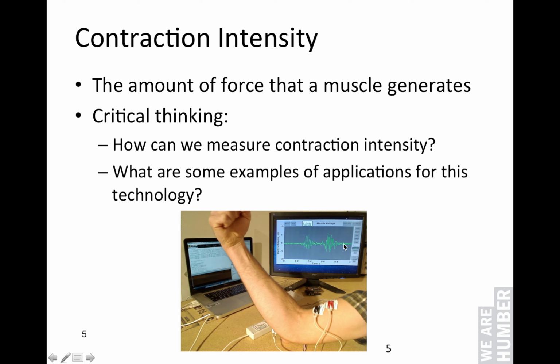In a while we'll actually be doing a lab using EMG, so we'll be measuring muscle activation using this technology. Have a look around, have a Google, have a look on YouTube, and see if you can find some examples of applications for this technology. Just a hint, it is widely used in biomechanics.